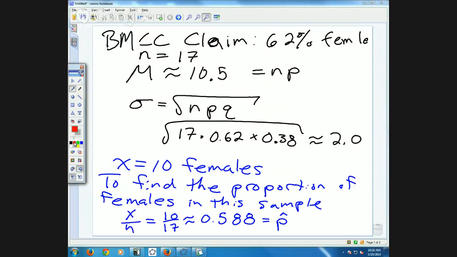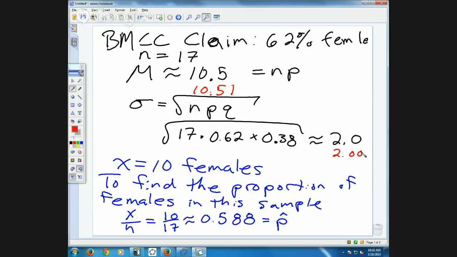It's 10.54. It might not make a difference in the graph. And if I take the standard deviation to 2 places instead of 1, it's still 2.00. Okay. Cool. Let's do it.